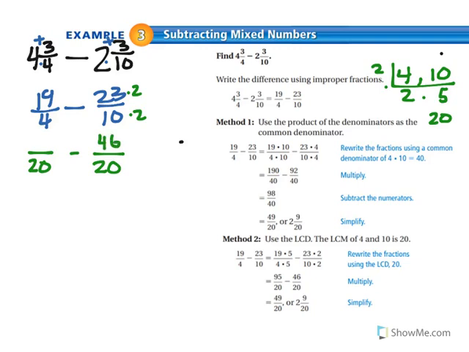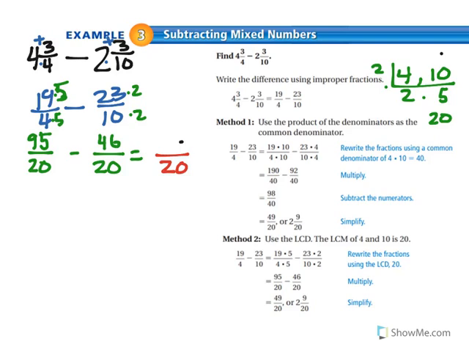And then I have to multiply 19 and 4 both by 5, because that's what gets us to 20 on the bottom. So 19 times 5, well, 20 times 5 is 100, so 19 times 5 would then be 95. So it's going to be over 20, and 95 minus 46.